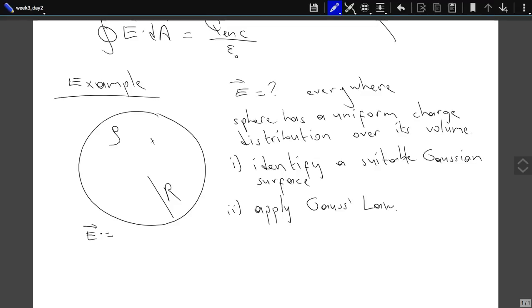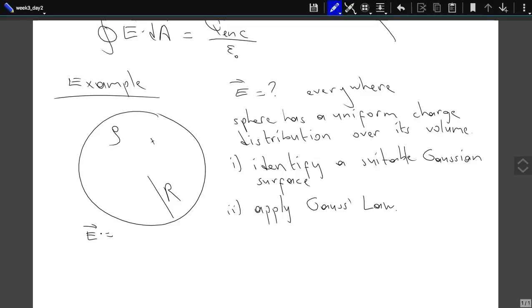Let us suppose that I take my whole system and rotate it around its center. So does the charge distribution change? Or if I rotate it like this, or in any other way, whatever rotation I consider about its center, the charge distribution doesn't change.